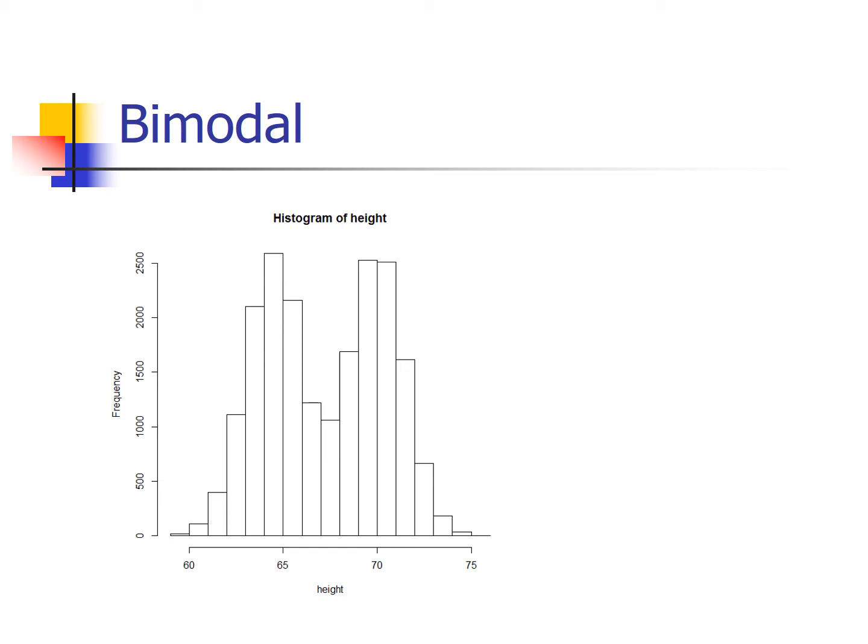A more accurate way of describing the average heights is to say, well, males tend to be around 70 inches tall, whereas females tend to be around 65 inches tall. That bimodal shape is communicating to us that there's two subgroups, and to do an appropriate statistical analysis, these two subgroups should be separated and analyzed separately.